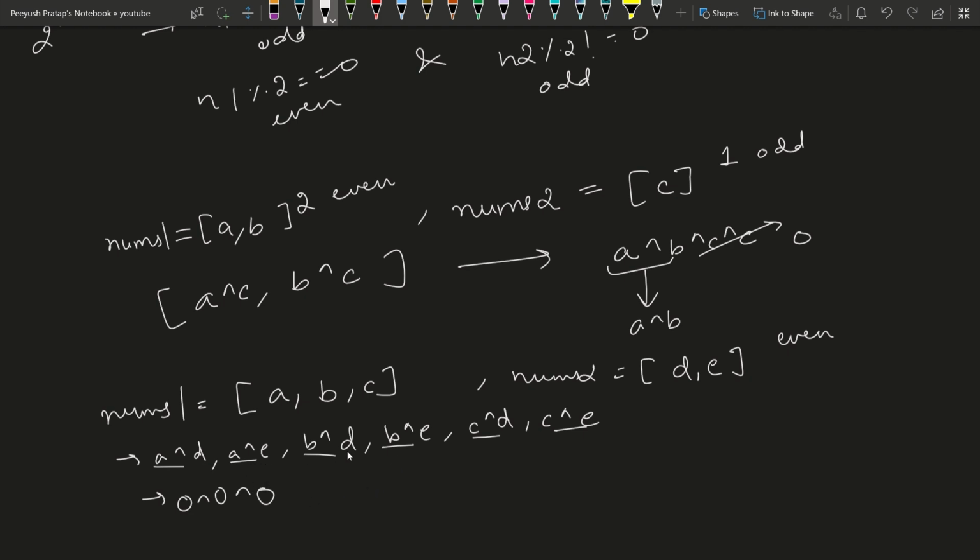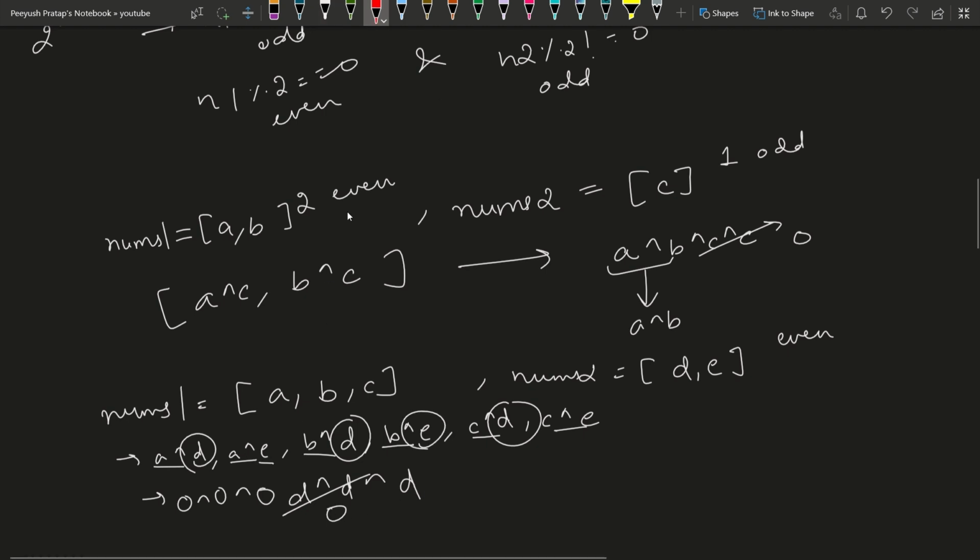D is coming how many times? 3 times. So if you see, these 3 times D is coming. So out of 3, 2 will be cancelled and it will be 0. Similarly E is coming 3 times. And it will become 0. So in the end, what are we left with?